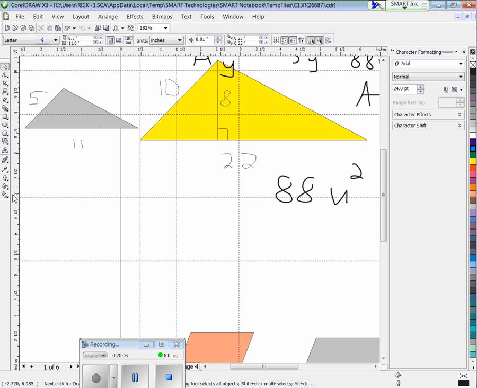How can we find the height of the purple triangle? Anybody have any idea how to find the height of the purple triangle? Adriana? Are you sure? Are you sure the height is proportional as well?